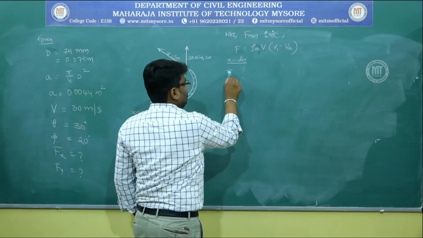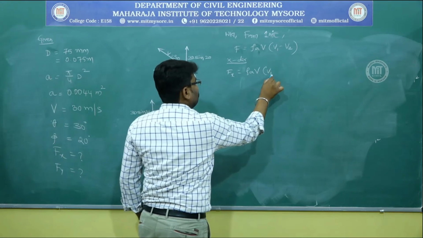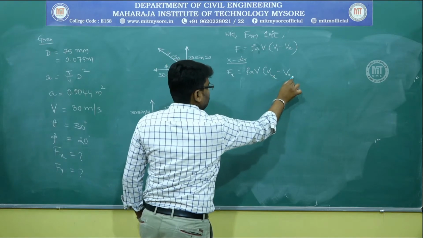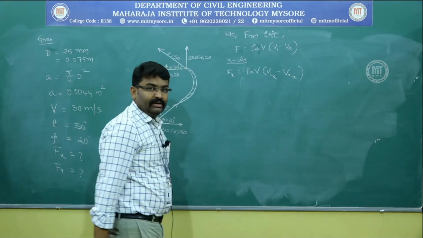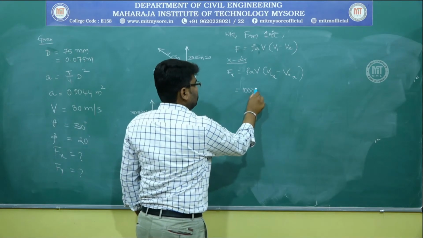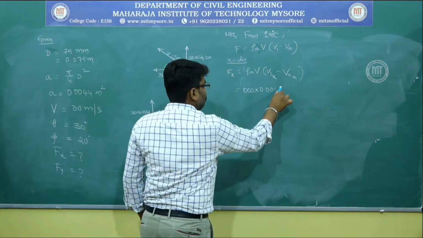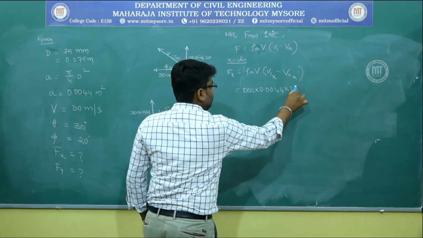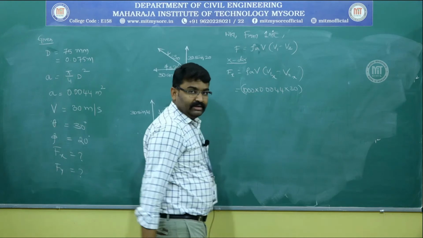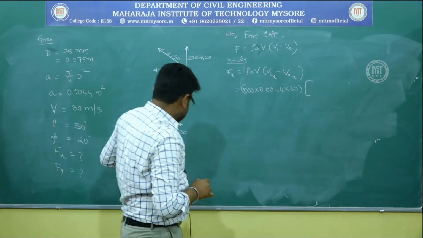In the x direction, F becomes Fx, rho a v remains as it is, v1 in x direction minus v2 in x direction. So, rho is 1000, area is 0.0044, into velocity is 30 meter per second, whole multiplied by v1 in x direction.